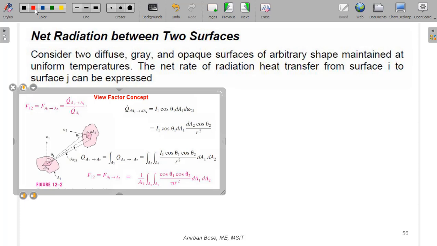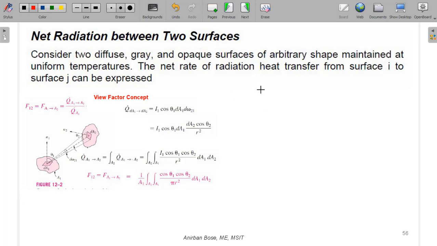Now if you want to calculate the same thing, you will get a relation that q1 to 2 will be equal to, instead of I, remember we are considering I r plus e for surface 1.